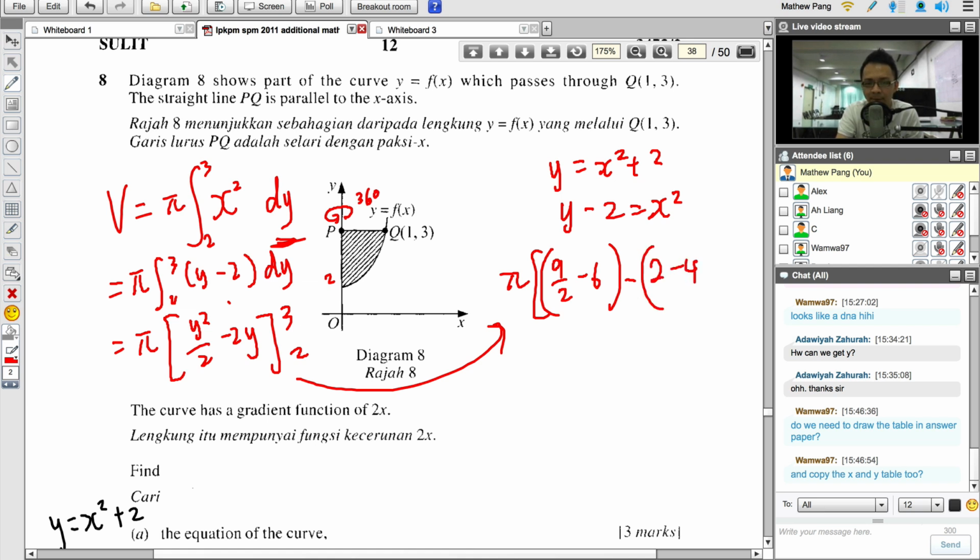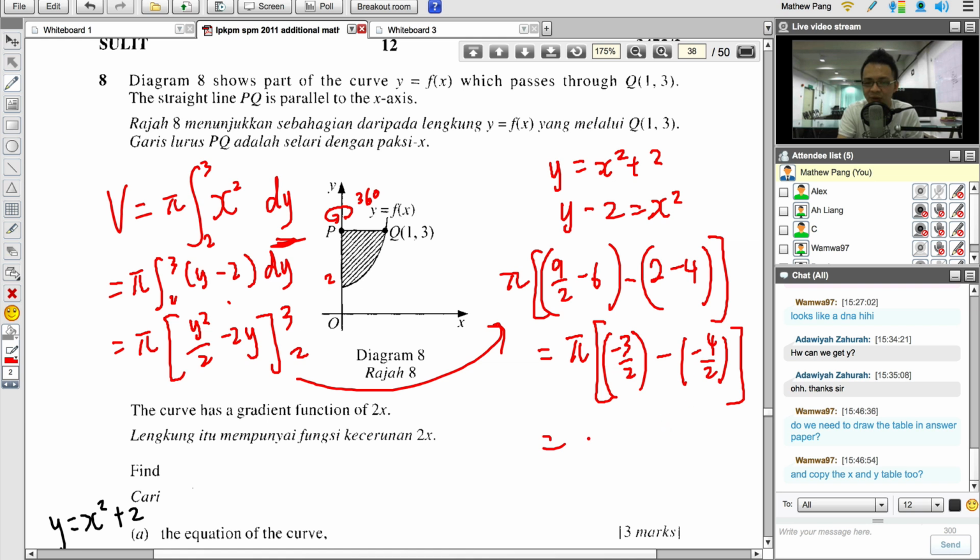Alright, then you just do the simple calculation for this part. So it's just negative 3 over 2, and then minus negative 2. Negative 2, I write negative 4 over 2, it's easier for me to solve. So plus 4 over 2, so it's just 1 over 2 pi unit cubes.